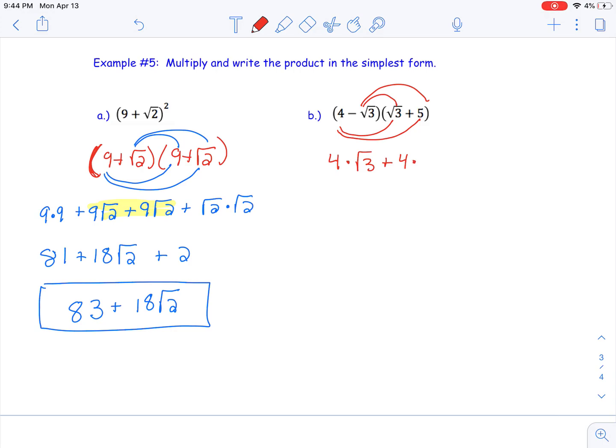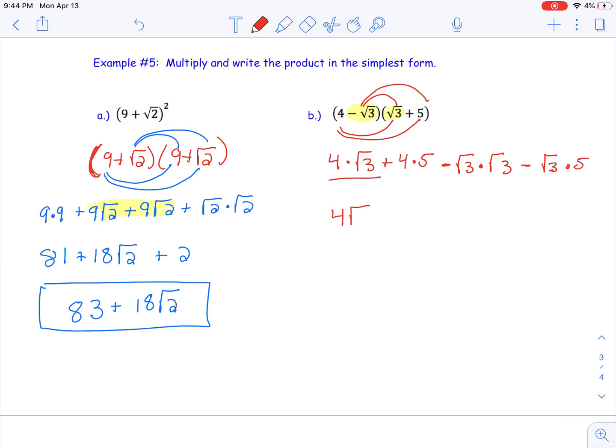plus 4 times 5. So now I'm going to have a negative radical 3 times a positive radical 3. And then we have negative radical 3 times 5. Can't do anything with the first one.